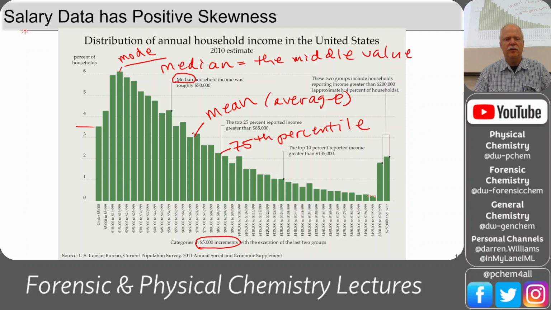And also, this is so skewed that to keep these going out with the regular old bin of $5,000 would stretch this chart out so far to the right. Like, over here it's 250,000 and over. That's like a catch-all bin.